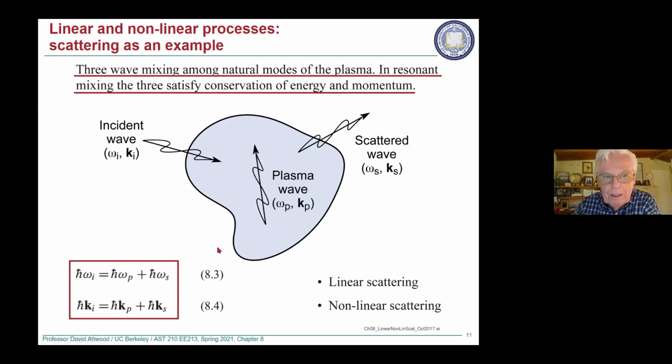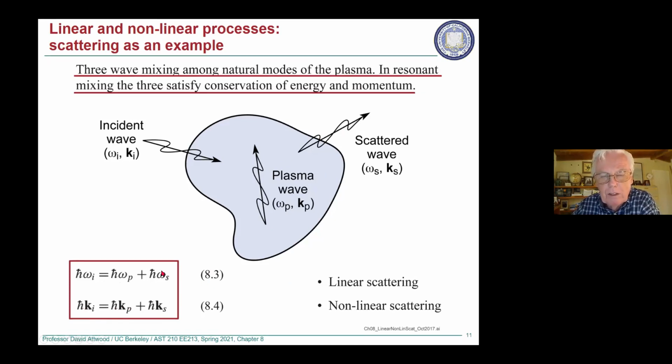So for instance, this vector relationship here, K incident, is going to wind up being equal to the K vector for the plasma wave and the scattered wave, okay? Or the scattered wave is equal, actually I should have written it the other way. The scattered wave vector is equal to the incident wave plus the plasma wave. I'll change that because this is the outgoing wave, okay?